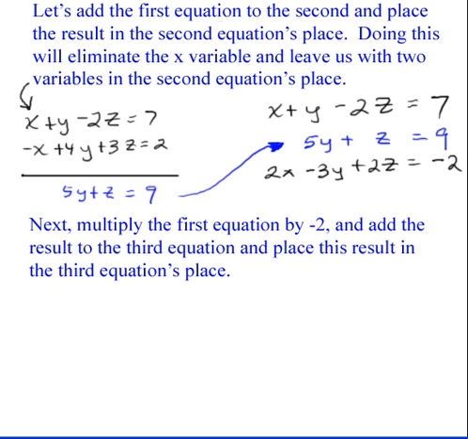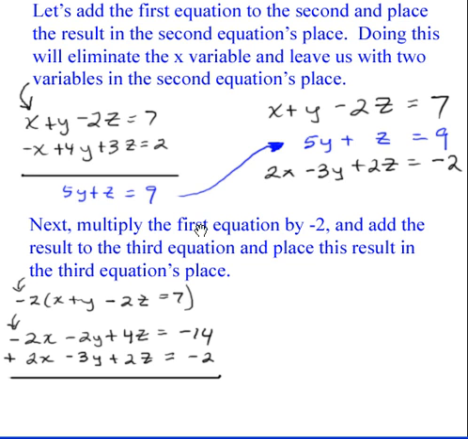So let's take a look at this process. To do that, we're going to take this first equation and multiply everything in it by -2. That will convert that equation into -2x minus 2y plus 4z equals -14. And if we add that to the third equation, the x's will be eliminated again.